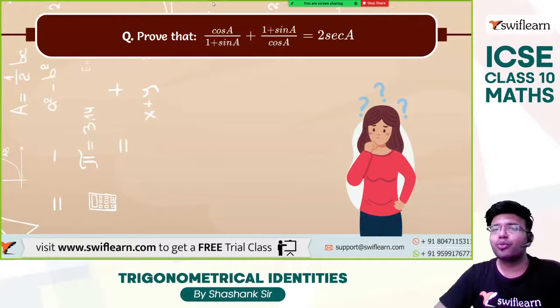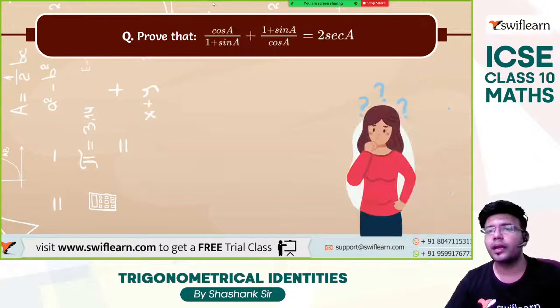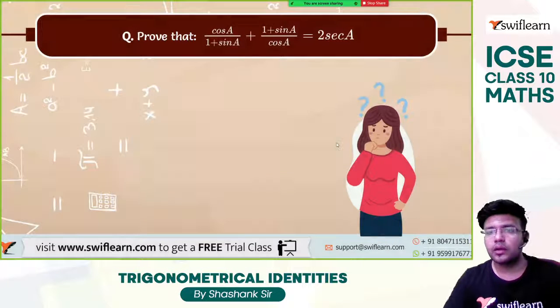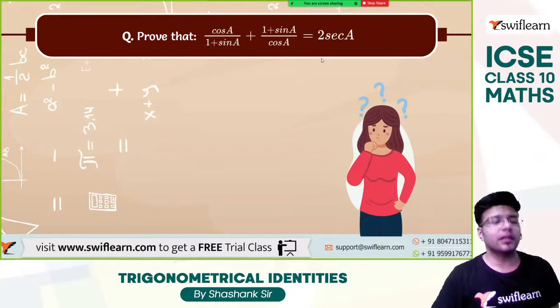Prove that cos A divided by (1 plus sin A) plus (1 plus sin A) divided by cos A is equal to 2 sec A. How to do this? Now guys, take the LCM of this and you will get the answer.